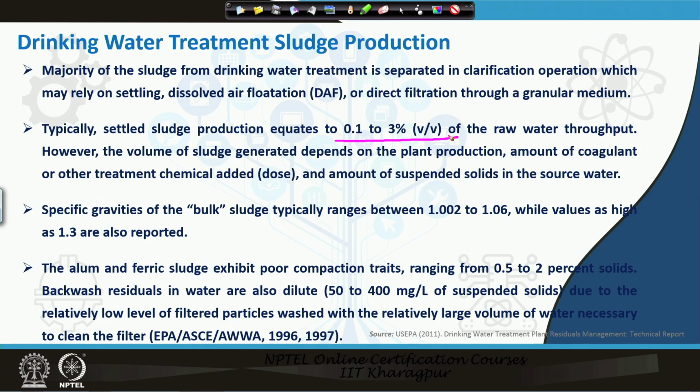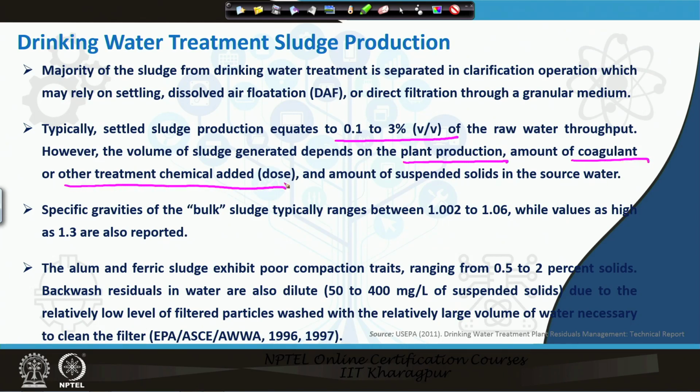Now, water comes out as sludge because a large portion of the sludge is in fact water, and the solid content in the sludge is limited. The volume of sludge generated will depend on the plant production, that is, how much water the plant is handling, and then the amount of coagulant or other treatment chemicals added.